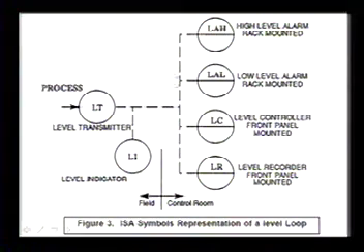And those signals are actually indicators, right? And they say, okay, I want a level alarm high. I want a level alarm low. I want a level controller. I want a level recorder. So this is all in the control room, and this is on the field side. Or this could be inside the PLC, right? You could display all this information and do all of this stuff in the PLC and display it on an operator interface terminal. Okay?